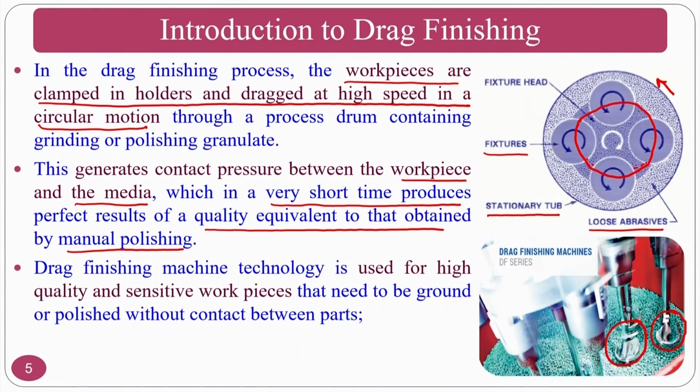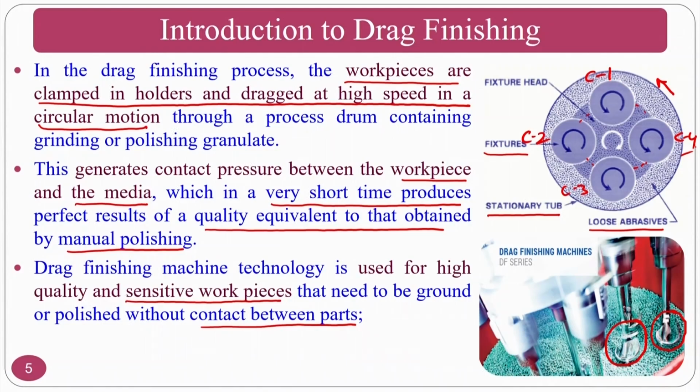The drag finishing machine technology is used for high quality and sensitive workpieces, like knee implants, hip implants and other things, which need to be ground or polished without any contact between the parts. The advantage here is that your parts are fixed. If you see here, component 1, component 2, component 3, component 4, these are all fixed.